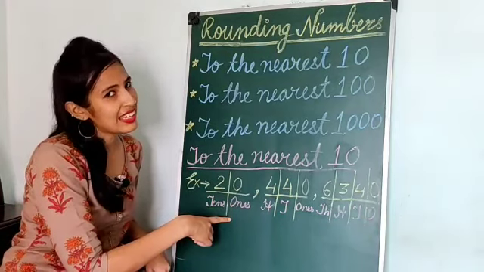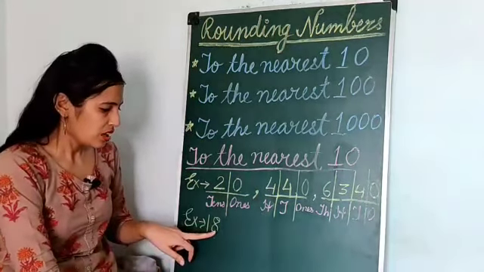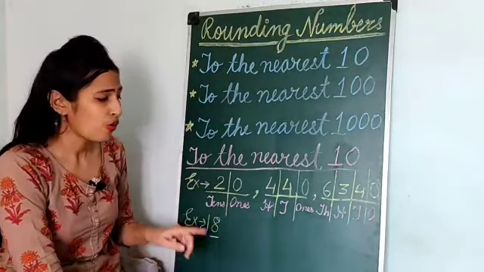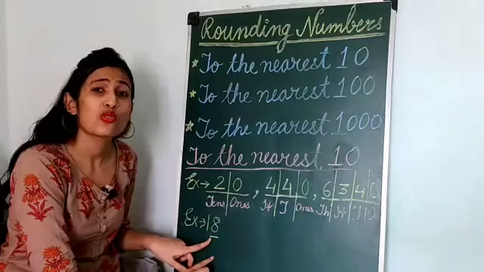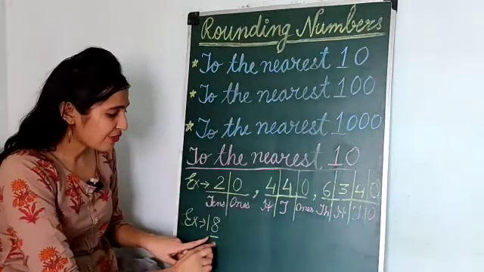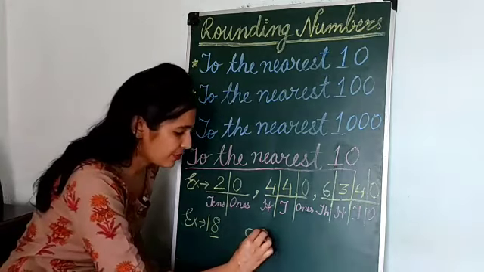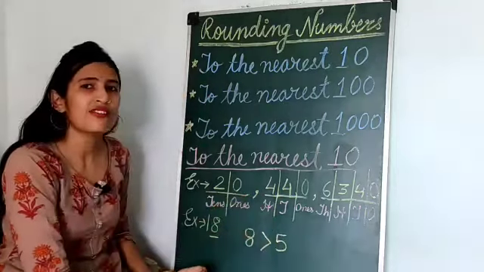Let's take an example. Here the number is 18. The ones place digit is 8. Now we have to round off this number to the nearest 10. So what do we need to do? We have to compare the digit 8 to the digit 5. 8 is greater than 5.